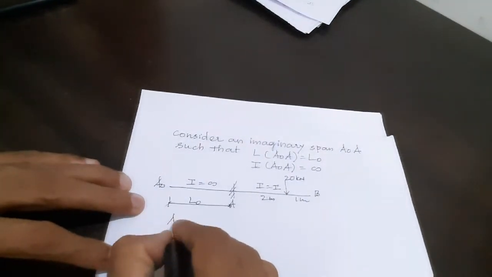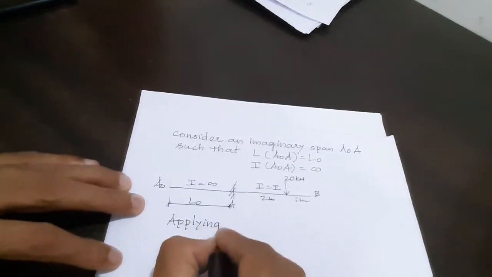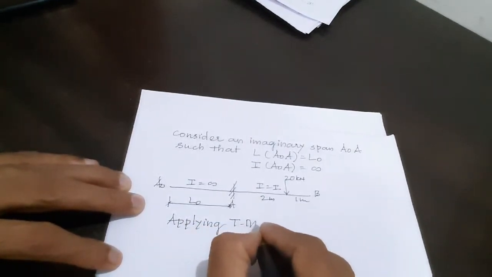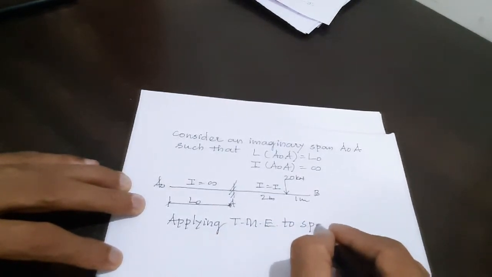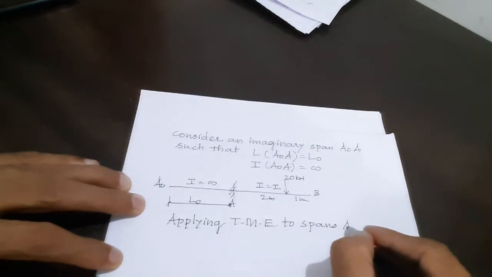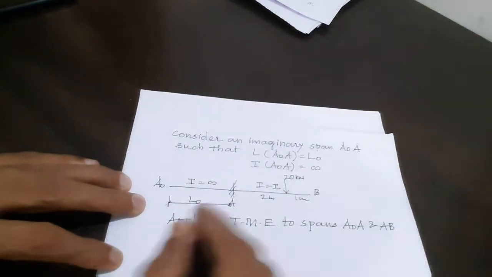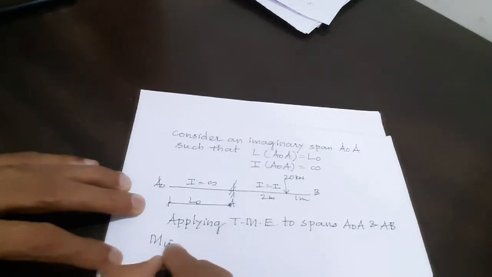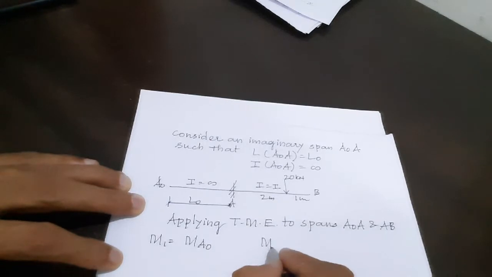Now applying the three moment equation to the two spans AOA and AB. What is M1? The first moment will be MAO. What is M2?